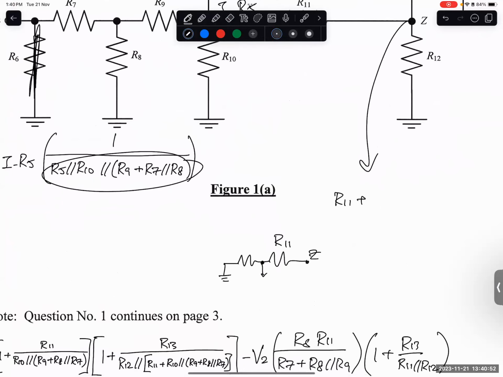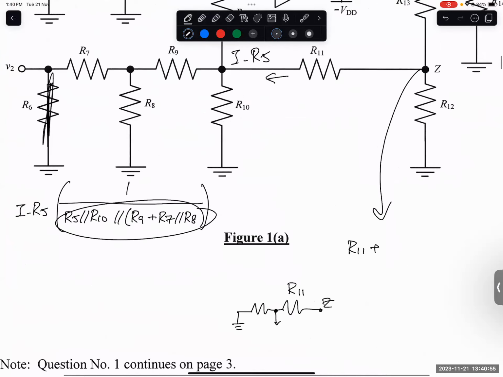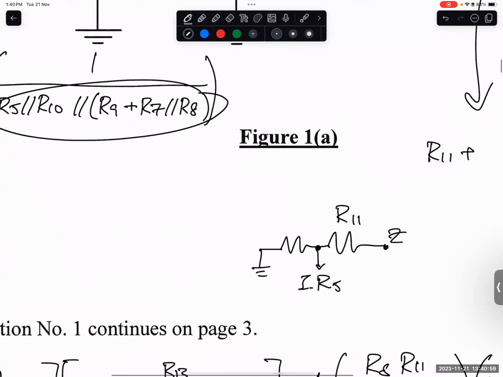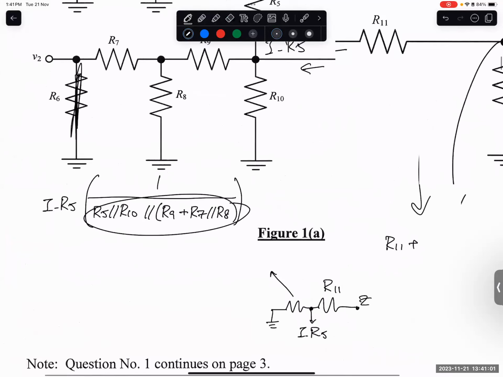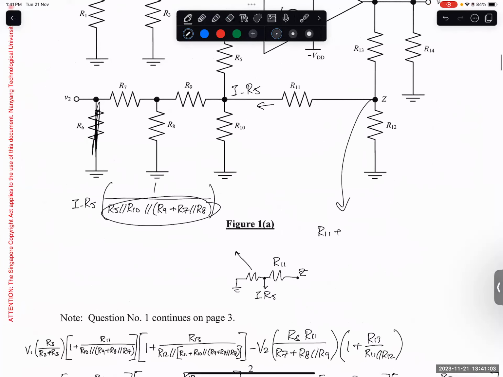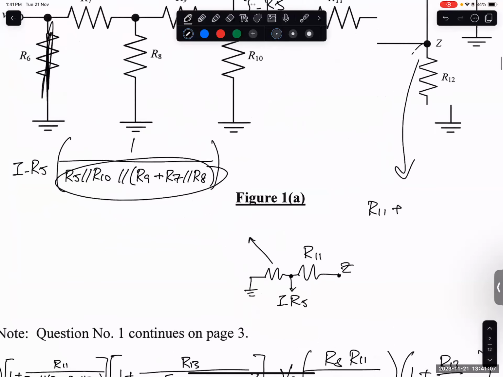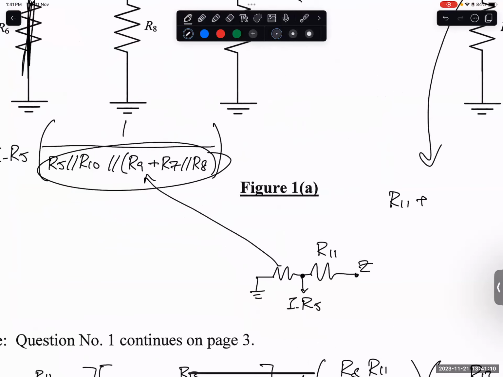And then here is actually I minus R5, right? And this resistance is all of the resistance together, the R5, R10, 9, 8, and 7, which is actually just this one, like that.